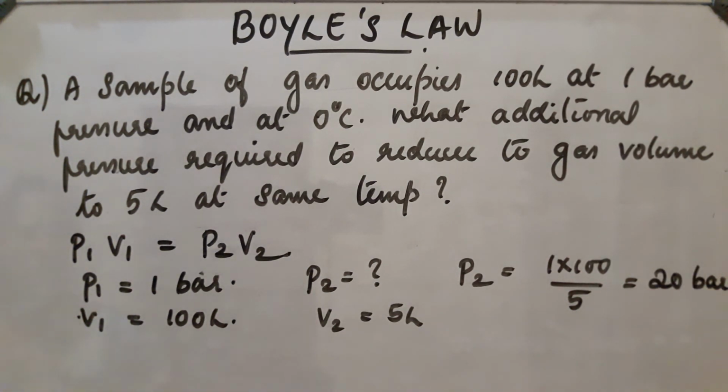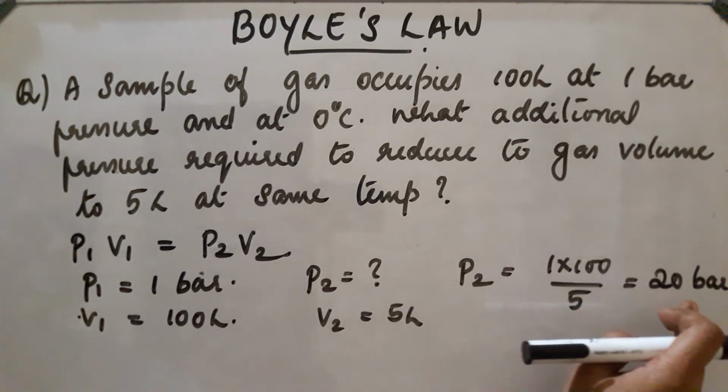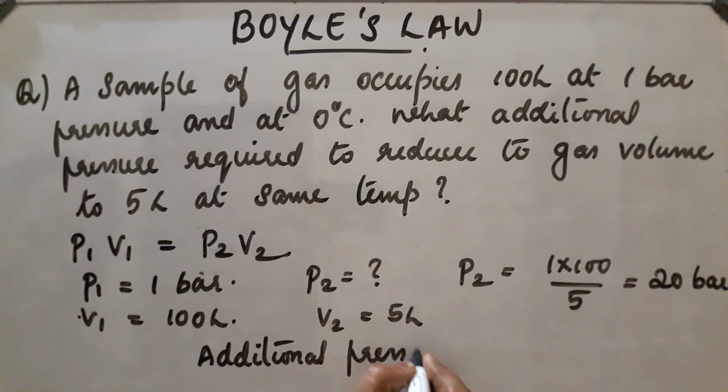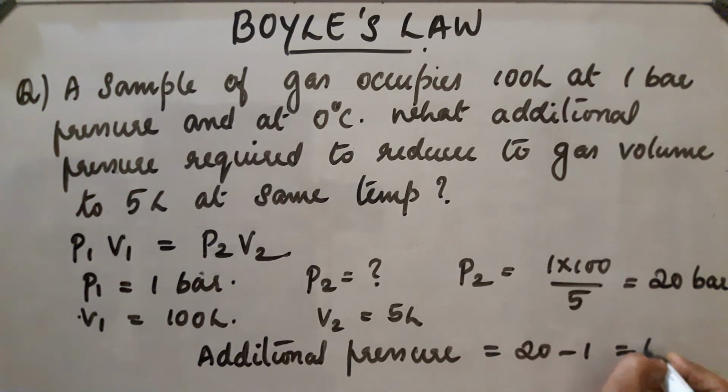The question asks for the additional pressure required. So first 1 bar changes into 20 bar, so the additional pressure required will be the difference between these two, 20 minus 1 bar, that is equal to 19 bar.